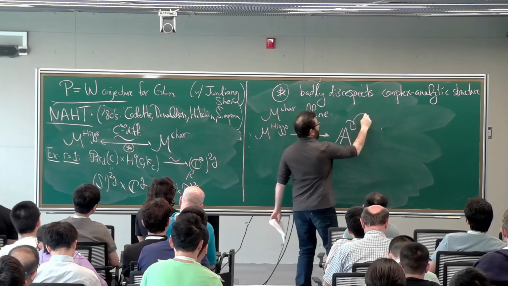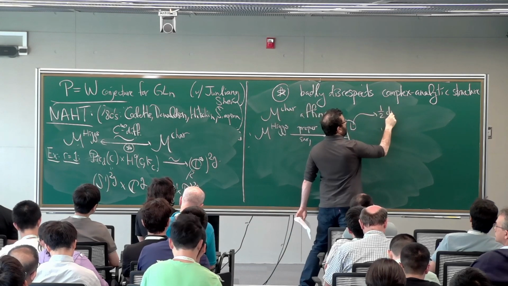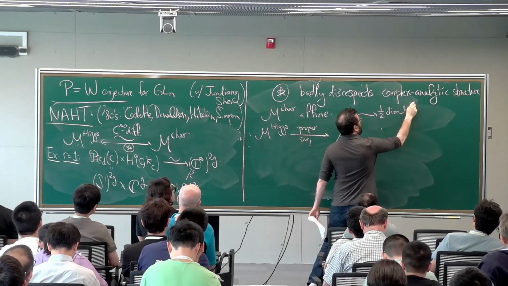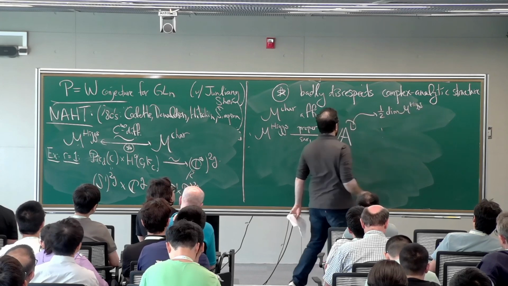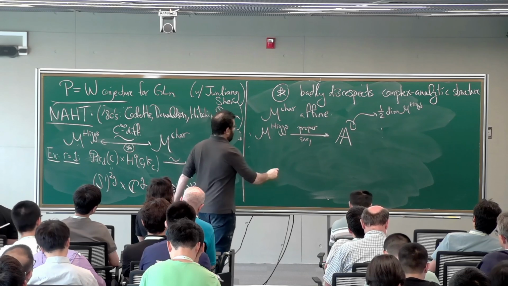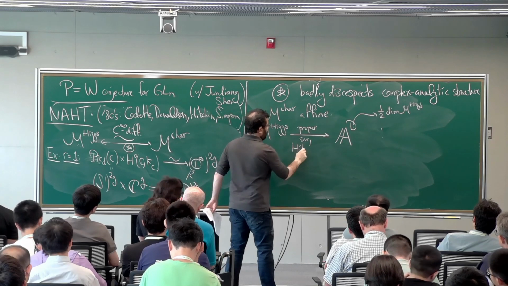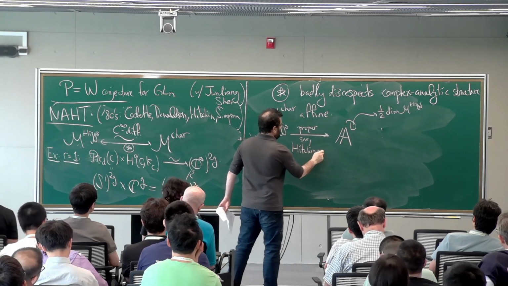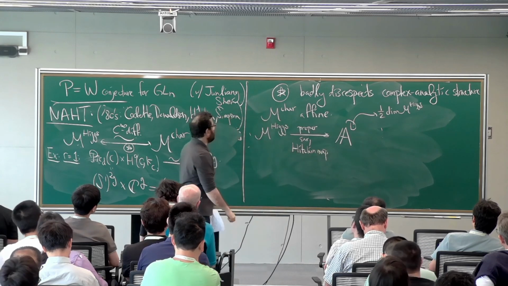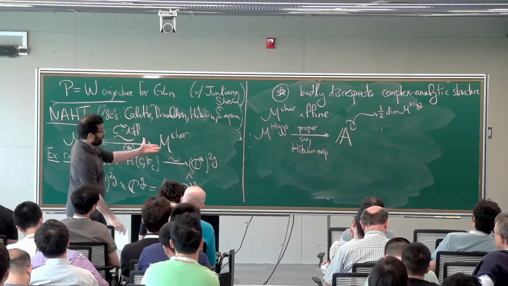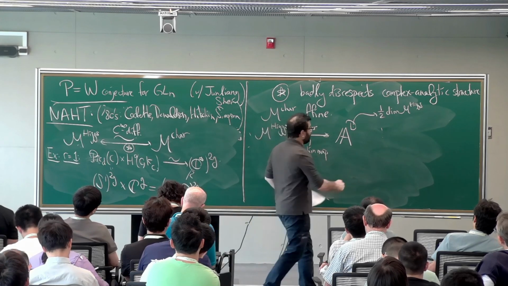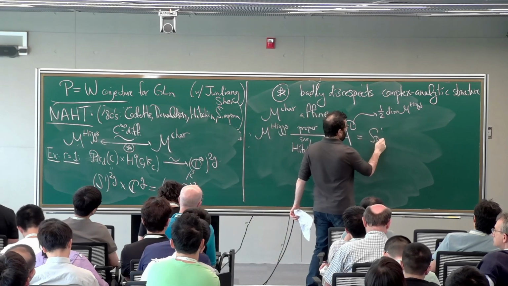So d here is just half the dimension. Which is called the Hitchin map. And one way of thinking about what this map is that this affine space is just spec of the ring of global functions.